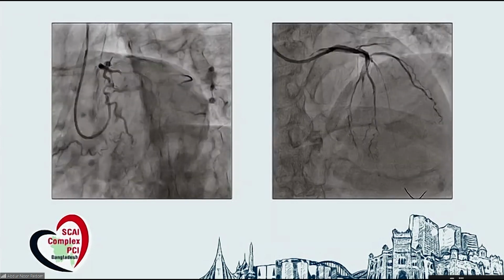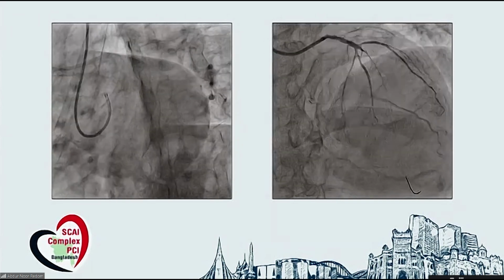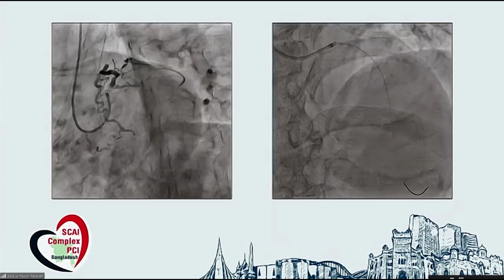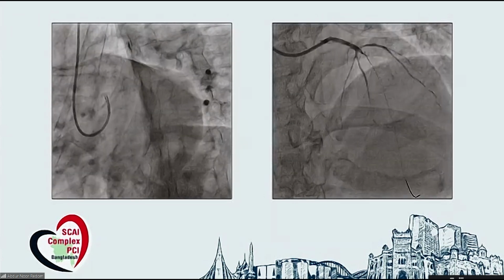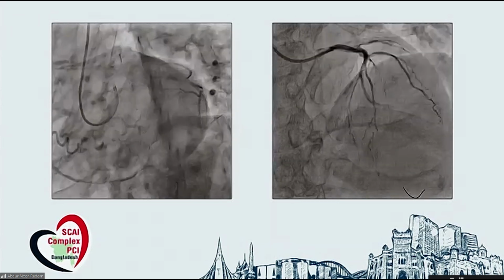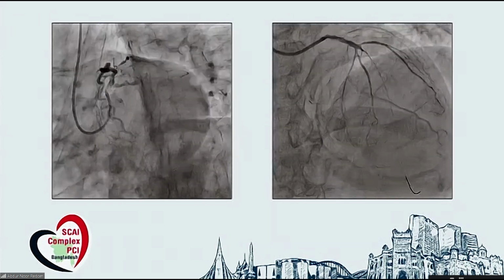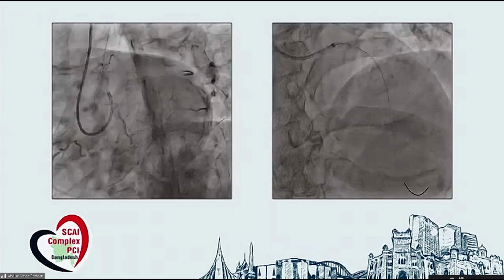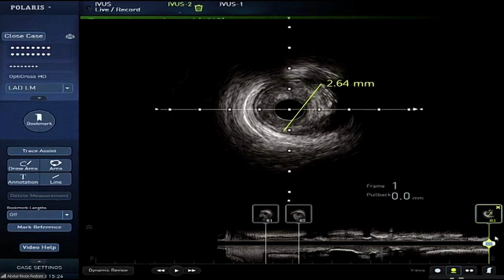Then we pre-dilated the lesion with a 1.0 balloon, and then we have done the IVUS, and let us see what IVUS tells us. Show them the IVUS. Fibrocalcific lesion.